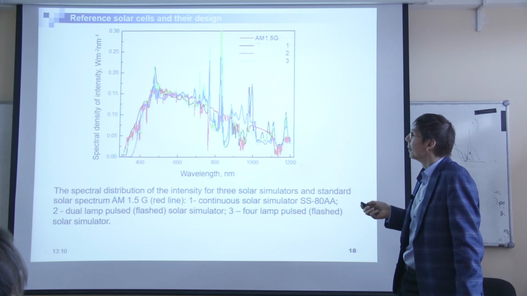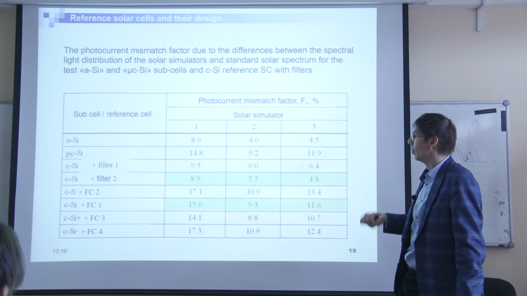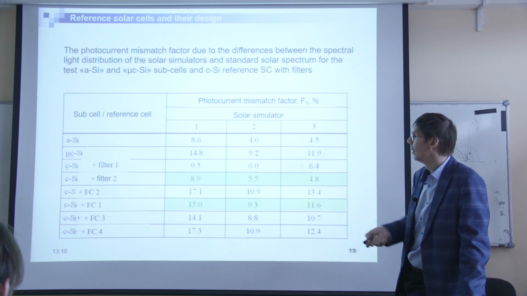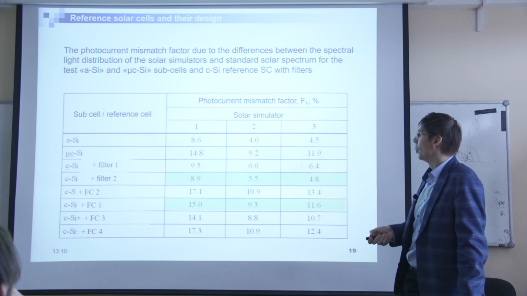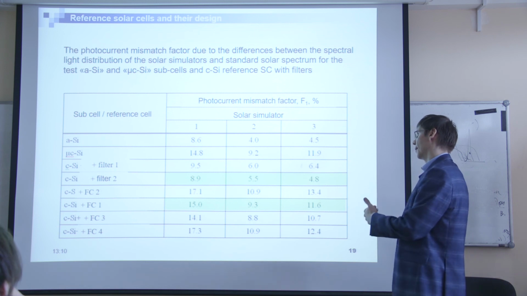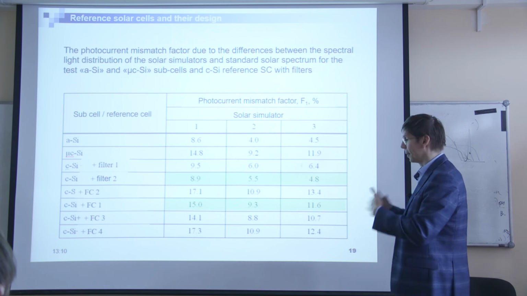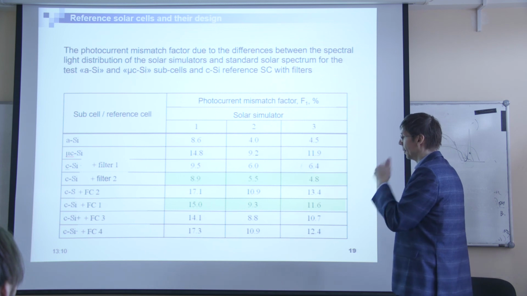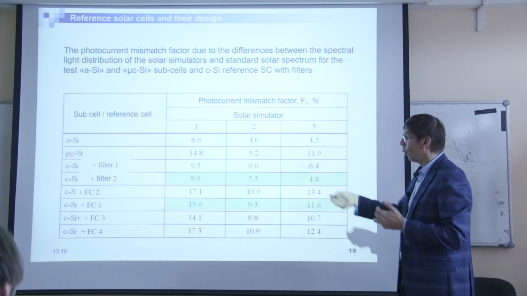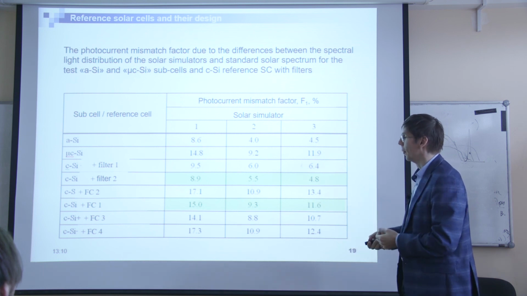And what would be nice is not so easy to say, but if you have a look at this calculated F1, now again we have different filters, and we have calculated F1, which means we have calculated the difference between the intensity of the simulator and the reference spectra for each solar cell.